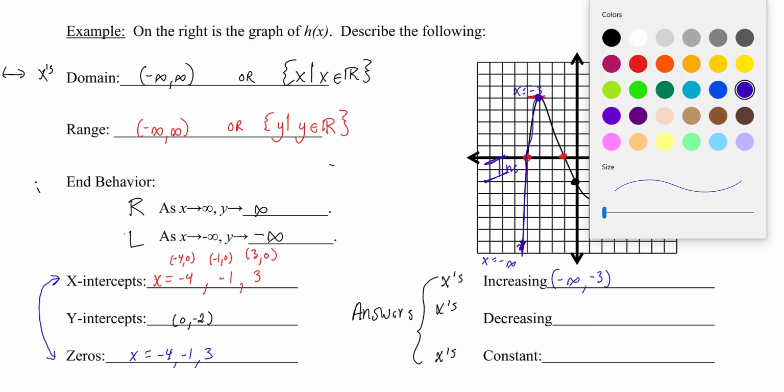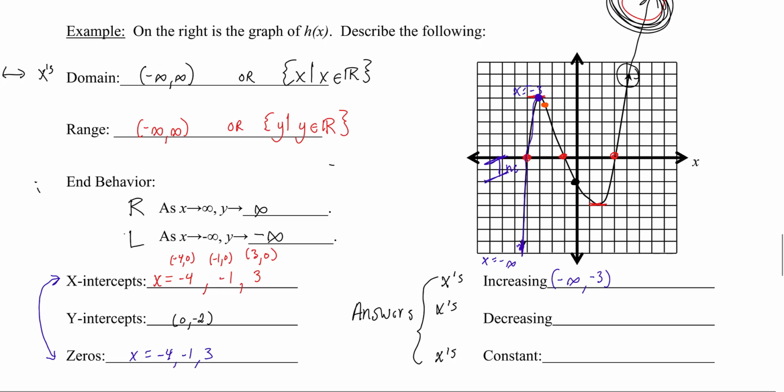All right, then that middle section starts here, and as we go left to right, we are obviously going down. So this section is decreasing, and it's decreasing from negative 3 until it stops at about x equals 2.